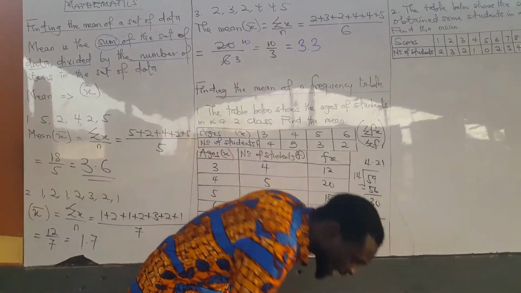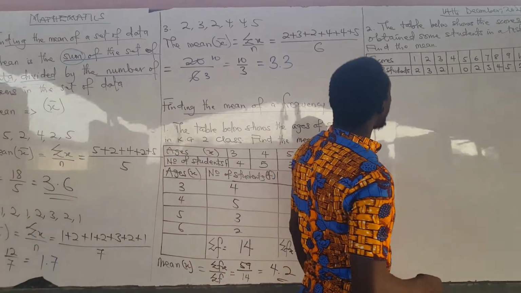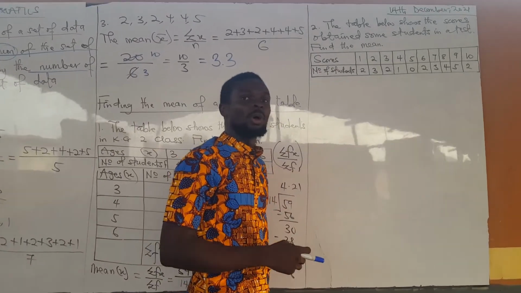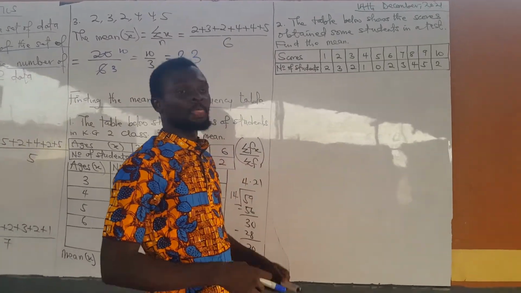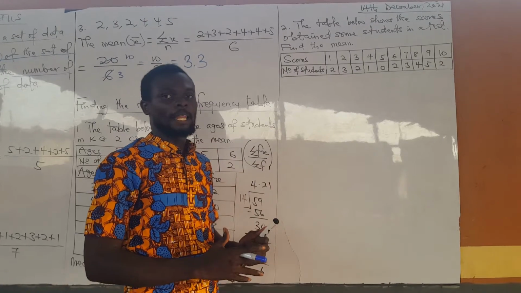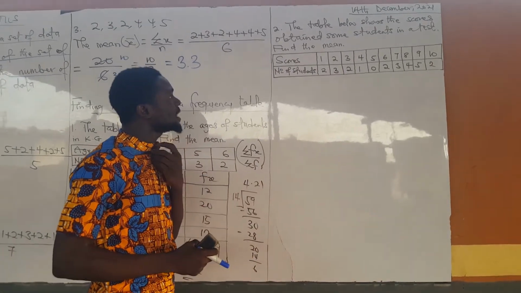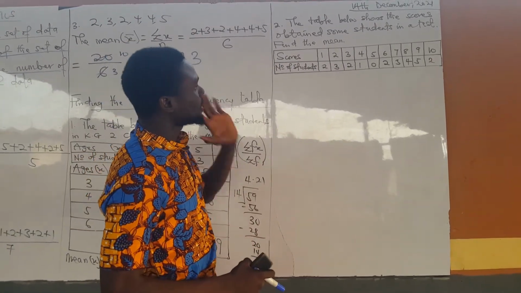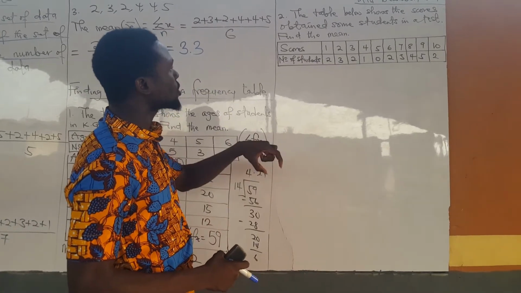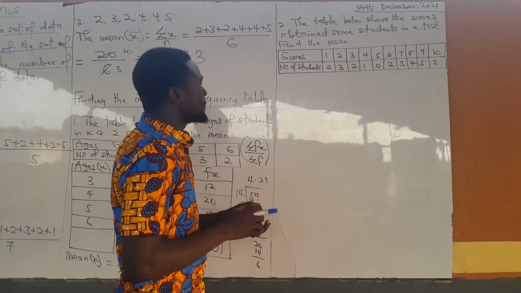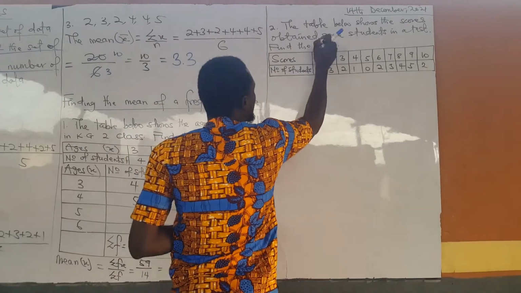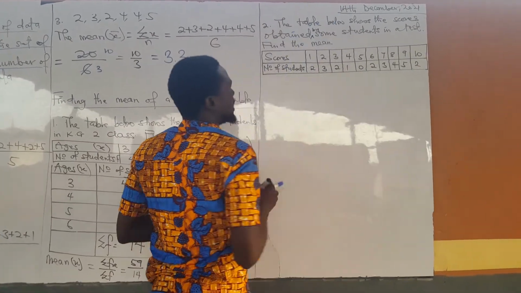Now let's look at the second question, where we have another table and we have to calculate the mean. This question is saying that the table below shows the scores obtained by some students in a test.